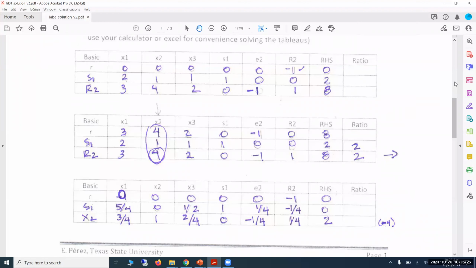It's like divided. Divided by 4 first, so you make it 1. And then to make this 0, you have to multiply this by -4 and add it to row 0. And then to make this one 0, you multiply this by -1 and add it to row 1.